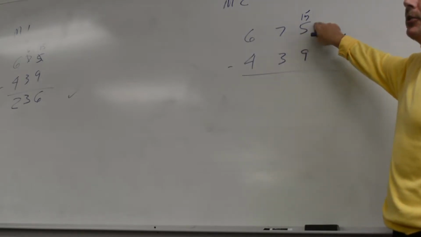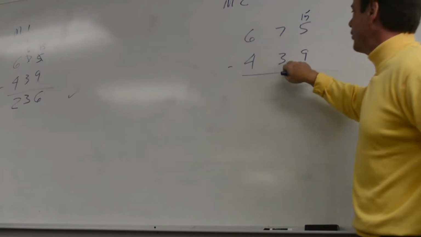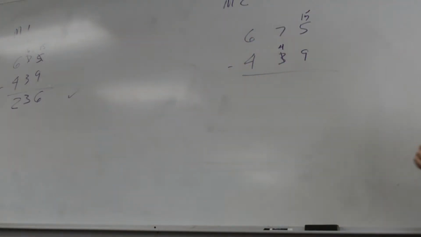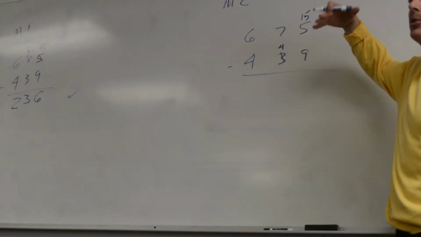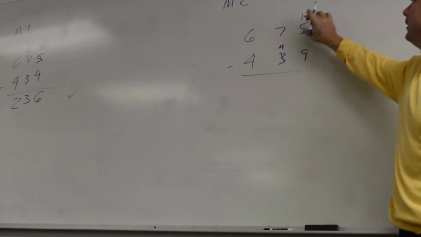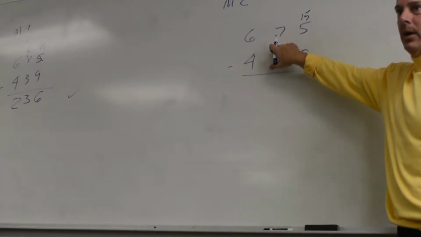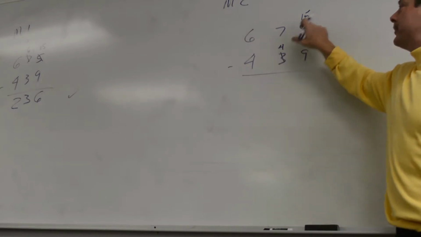If we have to increase this by some factor of 10, this goes up. So instead of 3, this becomes 4. If you have to increase this, it's going to be increased by 10. So it was 5, we moved it up to 15. We have to move the 3 up to a 4. So if this is up 10, this is up 1.